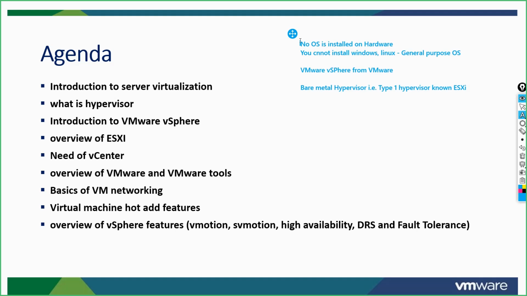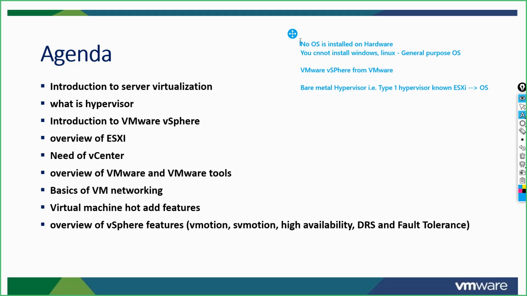So what is ESXi? Again, it is an operating system, but for a special purpose, not like Windows or Linux, which are used for general purpose. ESXi is dedicated for virtualization. Since it is dedicated for virtualization, it is also called a hypervisor.